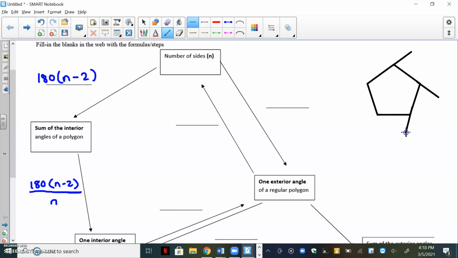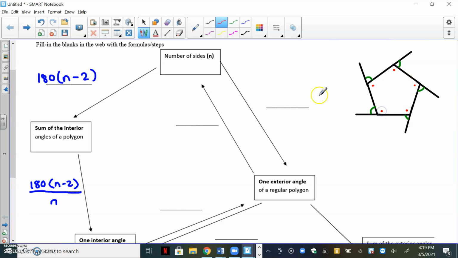What I've created here are 5 exterior angles. There are always as many exterior angles as there are sides. This is an exterior, this is an exterior, this is an exterior, this is, and so is this, whereas these are interior angles.